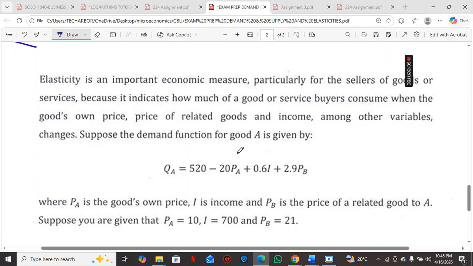This is how you interpret it: the quantity demanded is dependent on its own price, on the income, and on the price of another good, good B. These three factors affect the quantity demanded for good A.